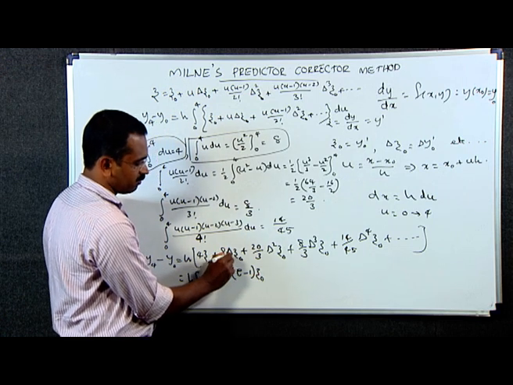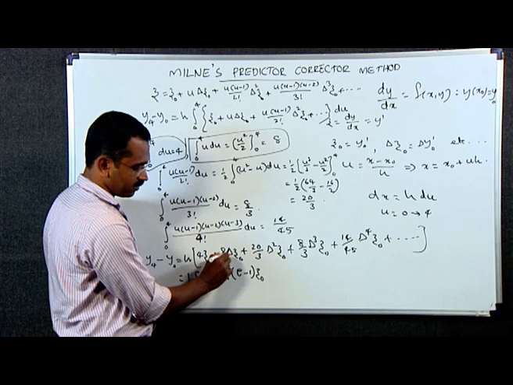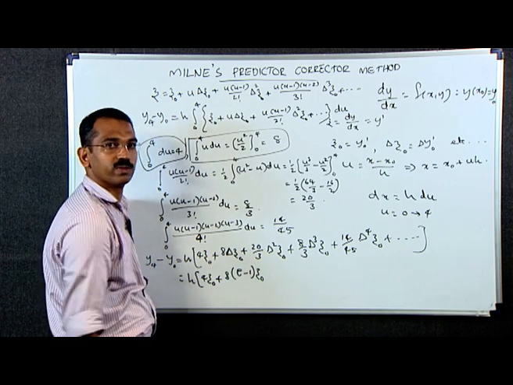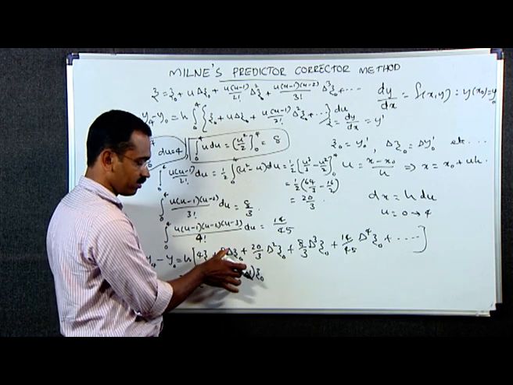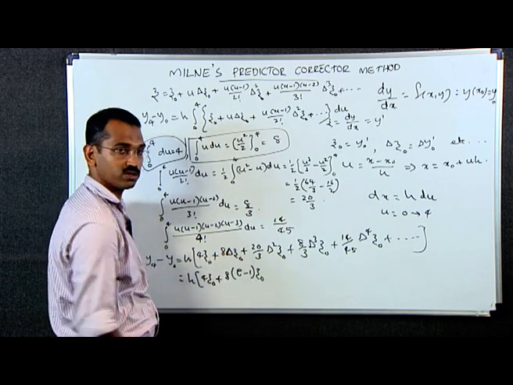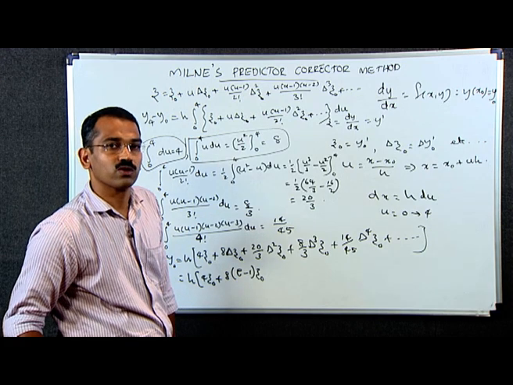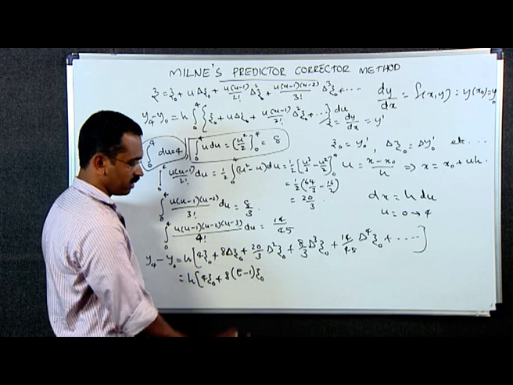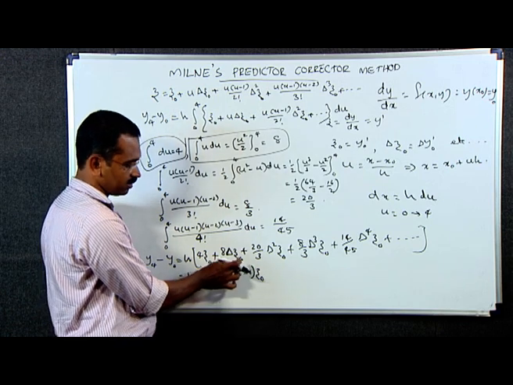In the topic finite differences, we derived the relation between the forward difference operator and the shift operator e, that is delta is equal to e minus 1. Therefore, we use the result here.